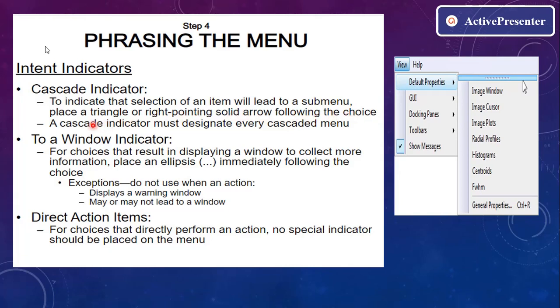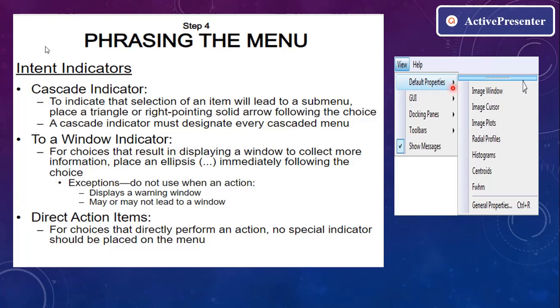A cascade indicator must designate every cascaded menu. For example, here you have a cascaded menu. Under the View menu we have default properties, and then we have placed a right pointing solid arrow or a small triangle.